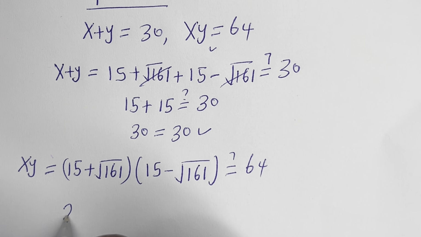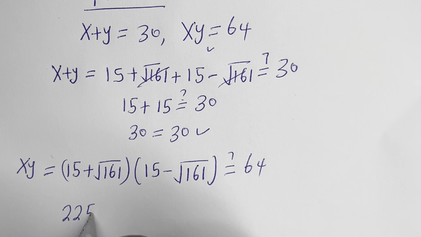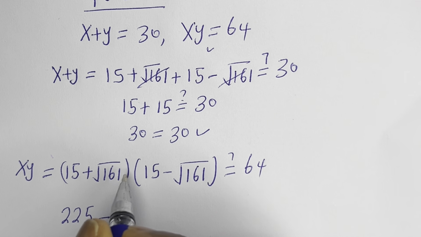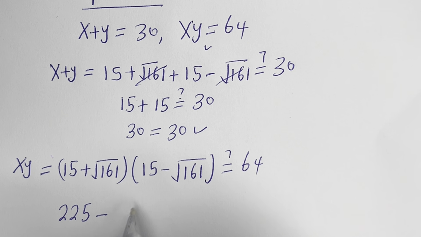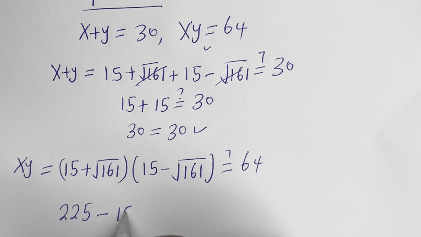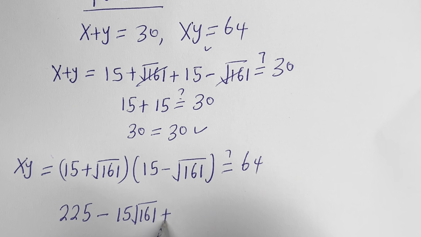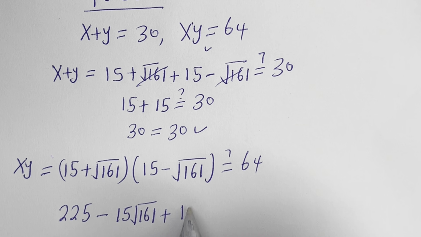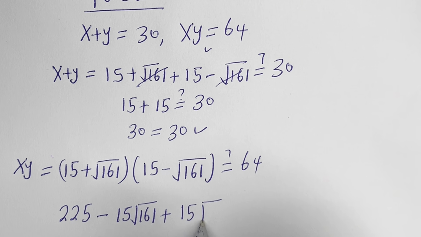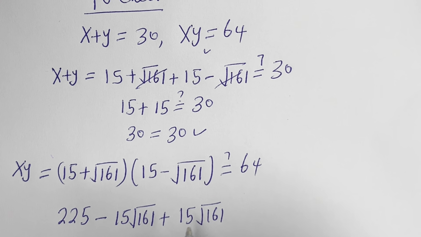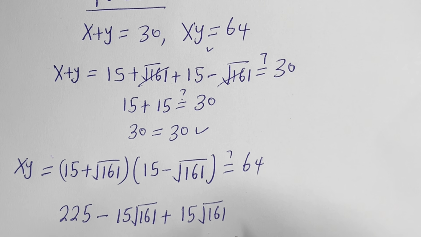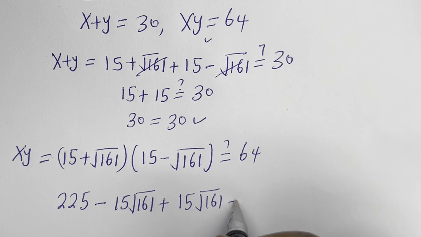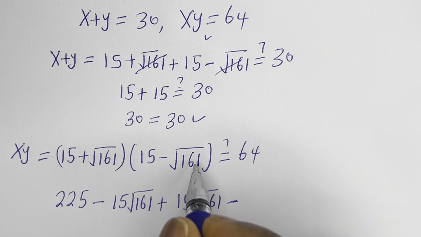This is 225, minus 15 multiplied by root 161, plus root 161 multiplied by 15, this is 15 root 161, then minus root 161 multiplied by root 161.